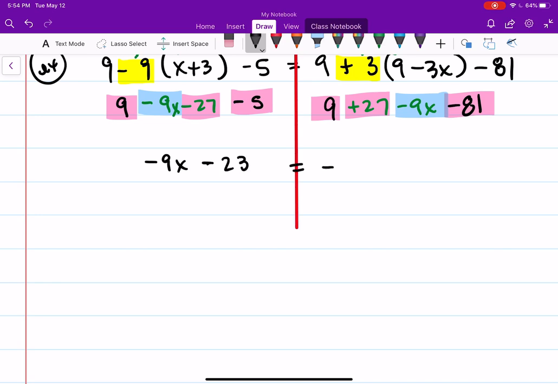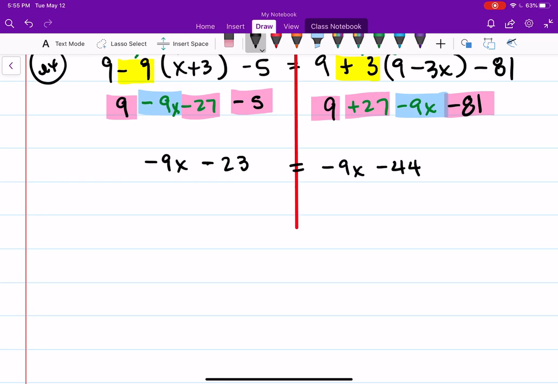On this side, I still have a -9x is equal to 9 plus 27 minus 81, I get a -44. Uh-oh, what the heck is going on here?